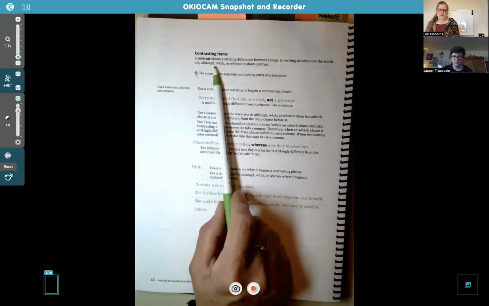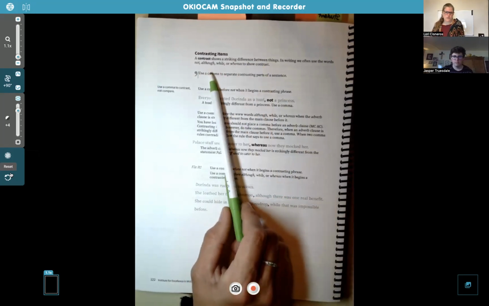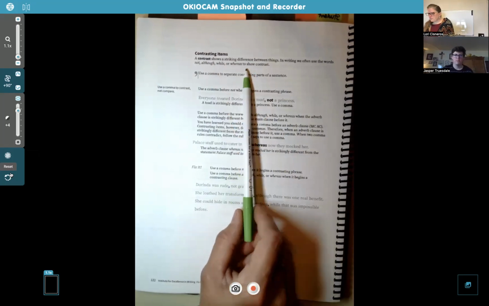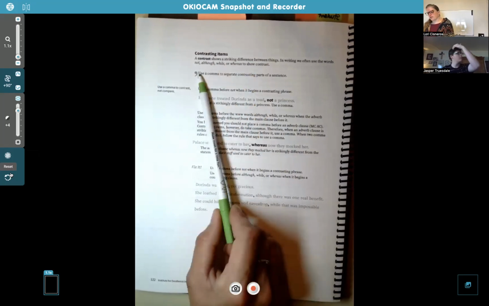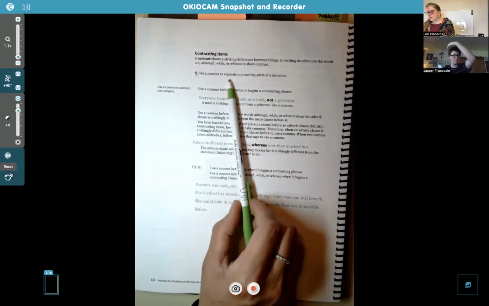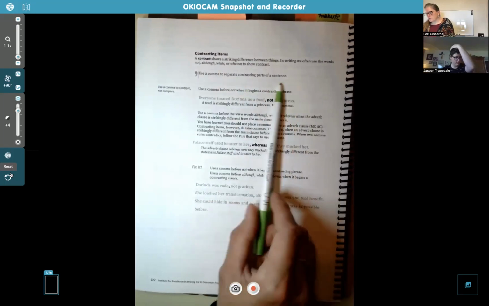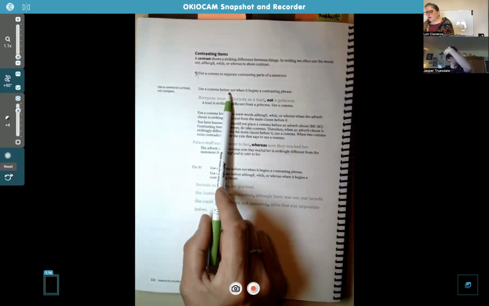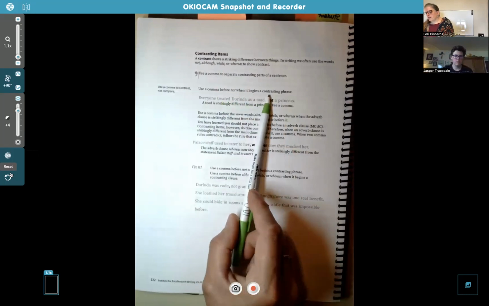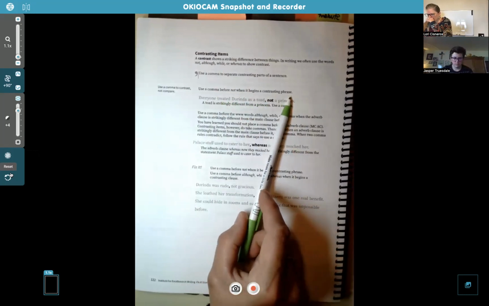Some of those words are actually adverb clause words. But those are words that we use to show contrast. It does say to use a comma to separate contrasting parts of the sentence. Use a comma before not when it begins a contrasting phrase.